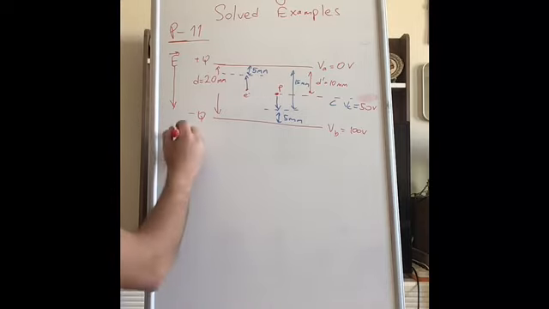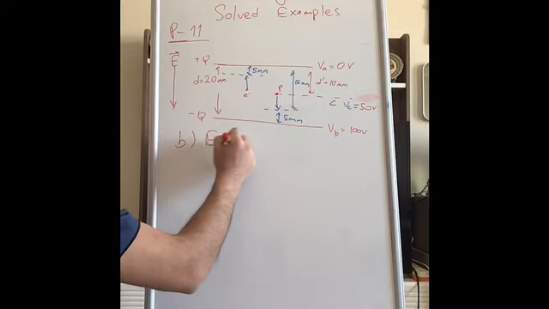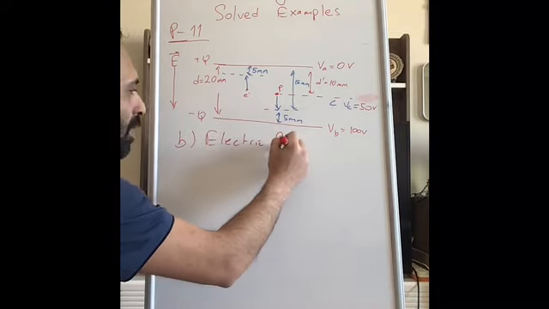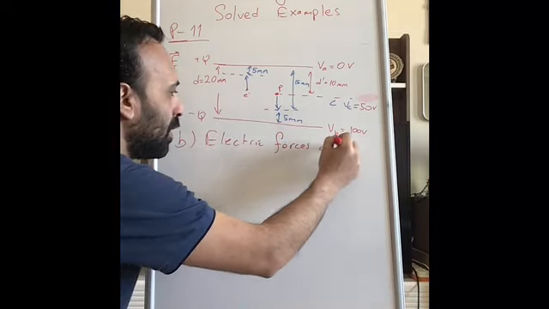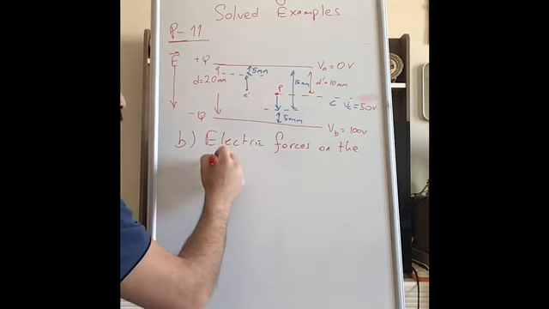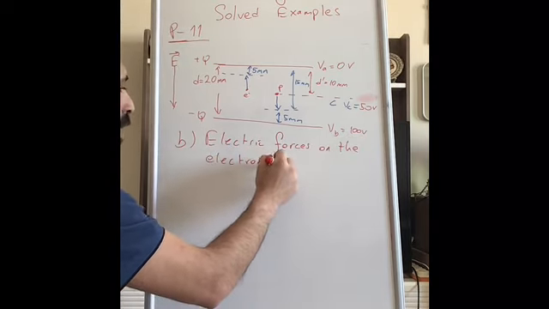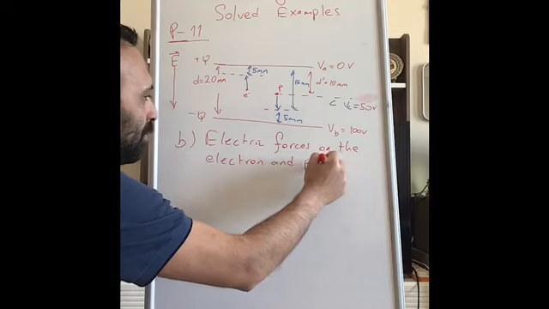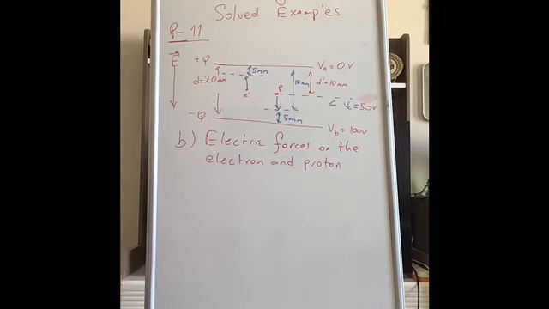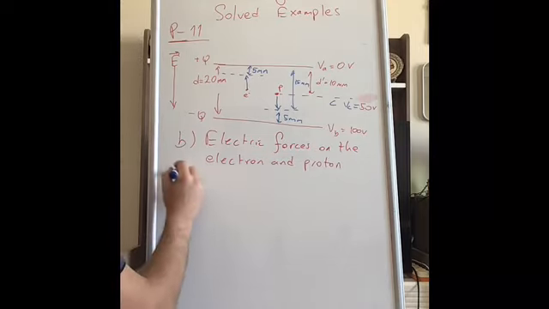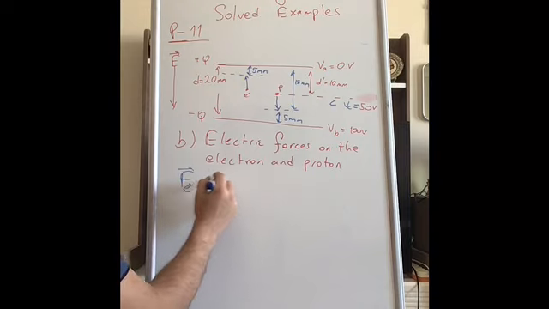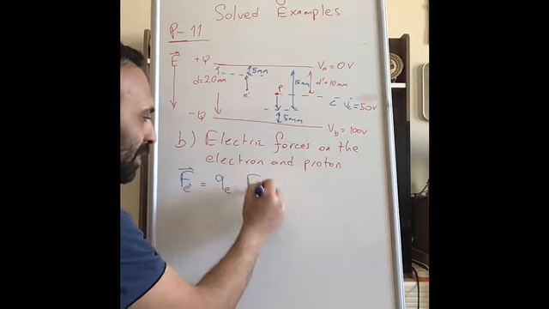So B is asking the electric forces on the electron and proton. So electric force on the electron, let me call it Fe, will be equal to QE, the charge of the electron, times the electric field.